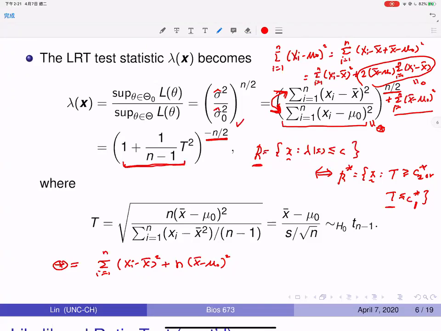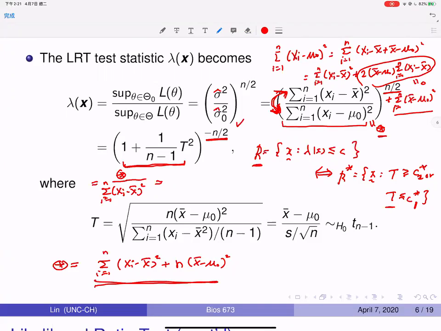Which means the inside guy becomes this star sign divided by summation i from 1 to n, then xi minus x bar square. Right? I switch, my star equation right here is this.